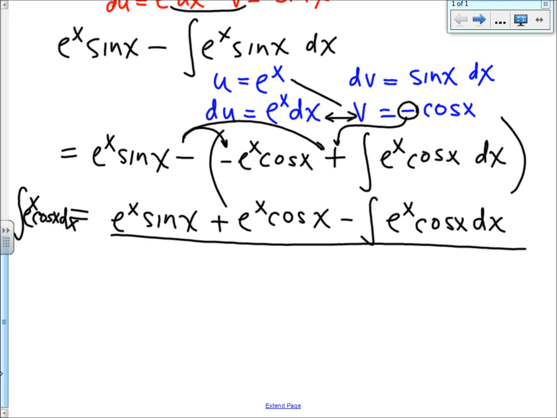Let me write that a little clearer. The integral of e to the x cosine of x dx is equal to this, because that's where I started. I started with this, started doing integration by parts, and started getting these pieces. Anybody see the trick?